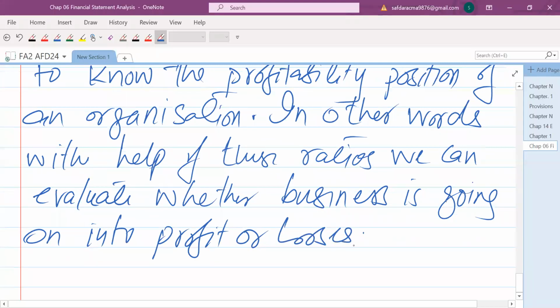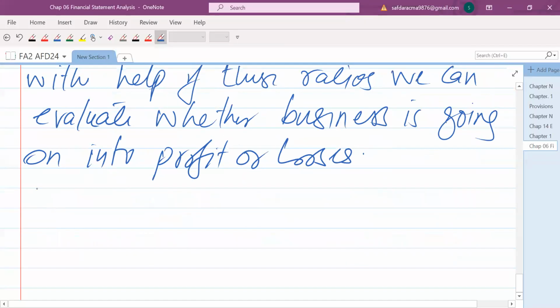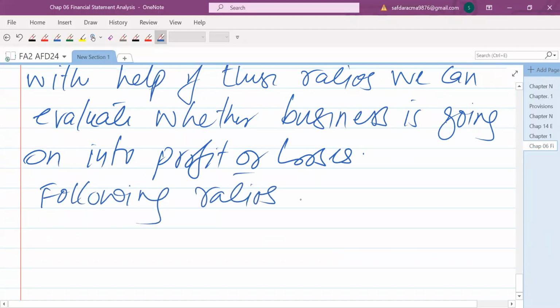In the profitability ratios, we have these ratios. Following ratios are used to evaluate this.